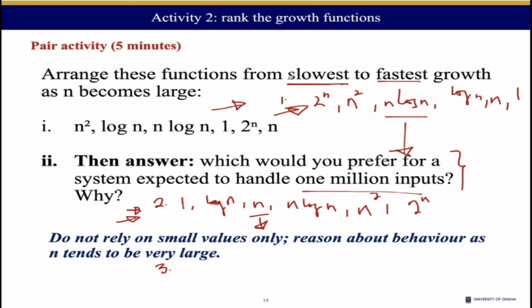So how many of you agree it is number 1? Let me see your hands up. I agree that 1 is the slowest. Just show your hand if you agree it is number 1. I only see just one person.